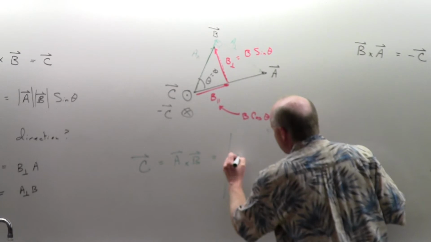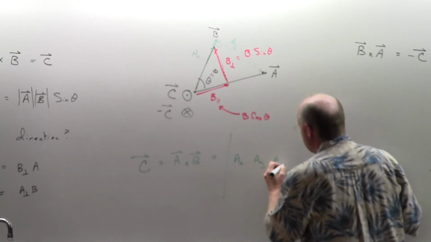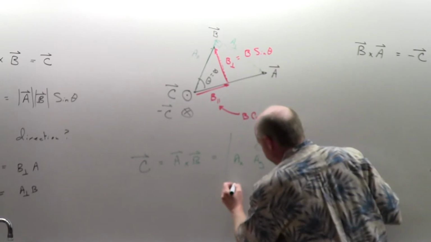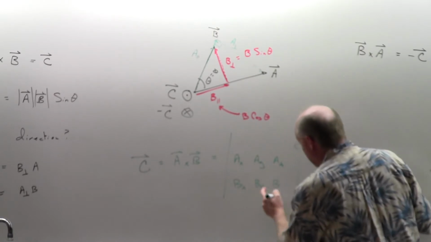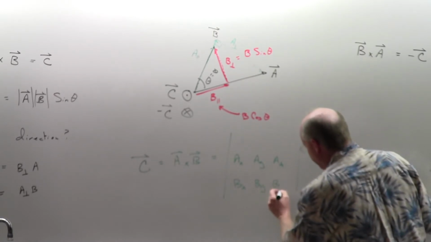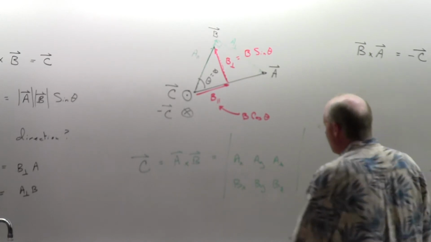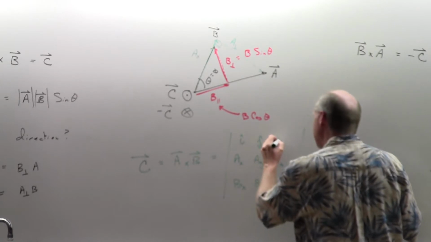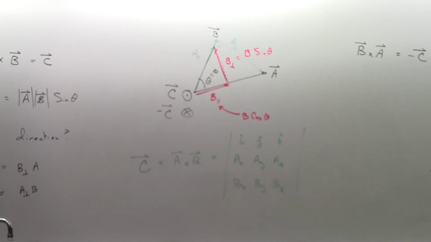You write the vector A as AX, AY, and AZ. So there are your three components of vector A. You also write out your three components of vector B. You then put the individual i-hat vectors in the top row, and then you do a determinant of this 3 by 3 matrix.